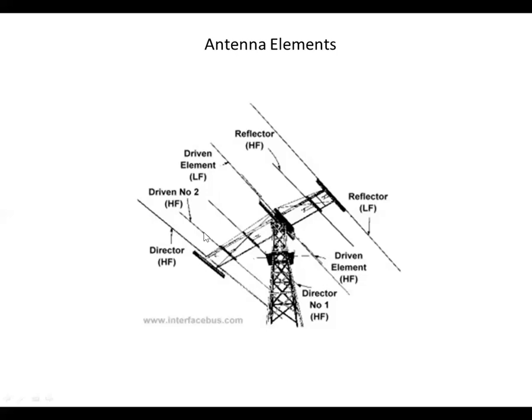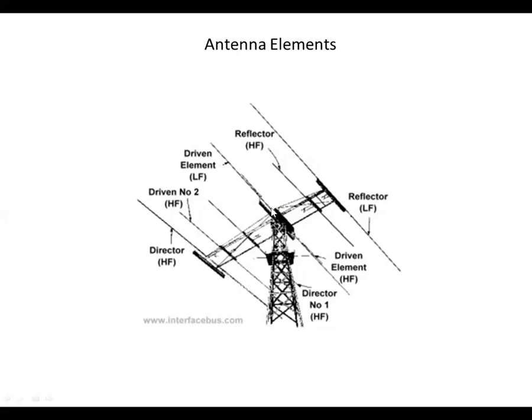Well, that's high frequency. Whoops. There's the reflector. There's a reflector for the low frequency, a driven element for the low frequency, and there should be another low frequency element, but I don't see it. Okay, so this is a 2-element low frequency antenna.